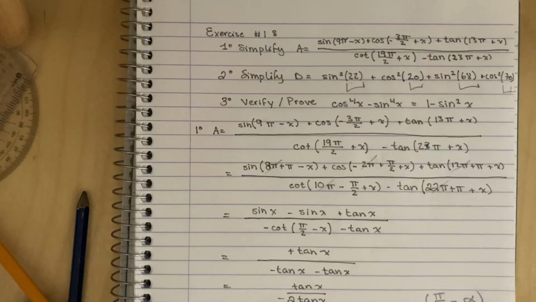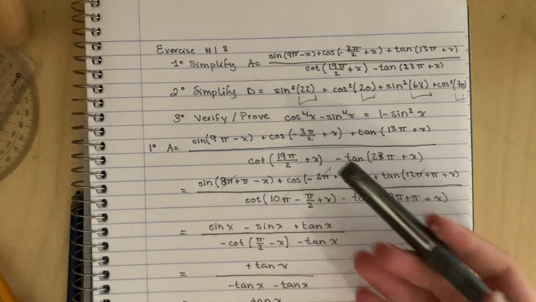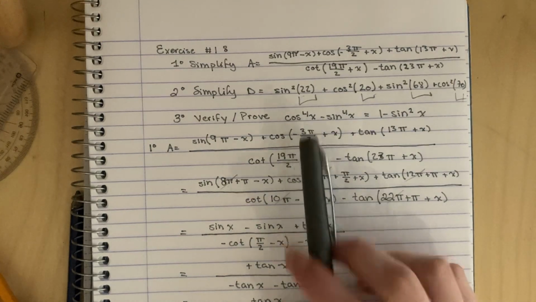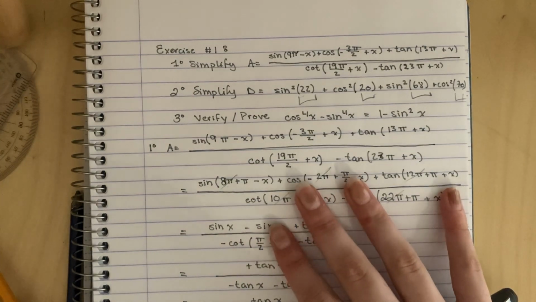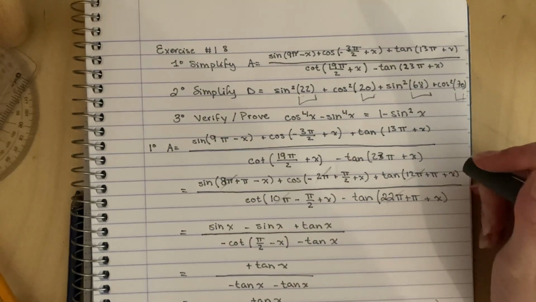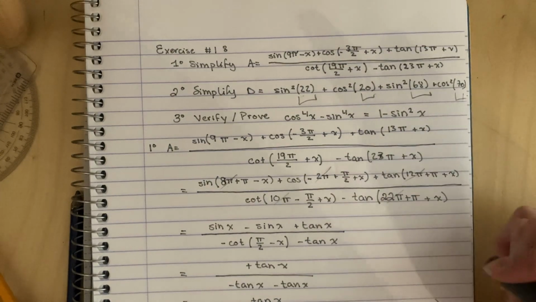Now our next question says verify or prove that cosine to the power of 4x minus sine to the power of 4x is equal to 1 minus 2 sine squared x. I'm gonna have to write this on another page because our other page is full.